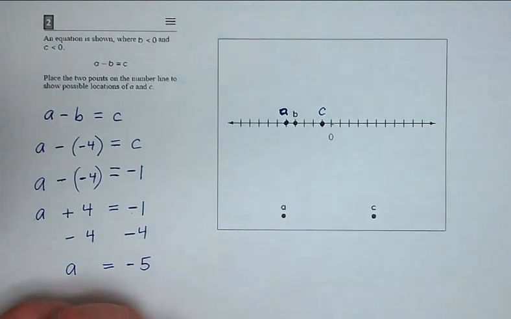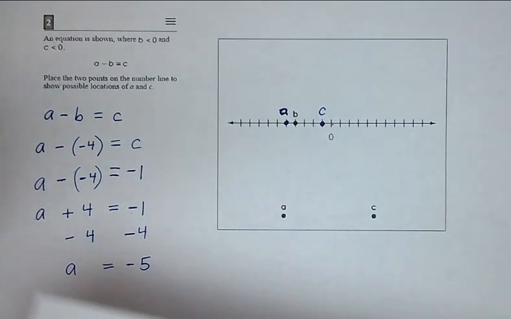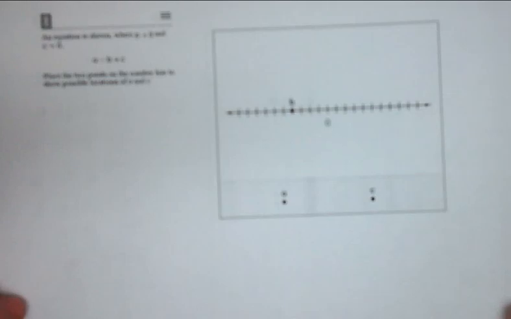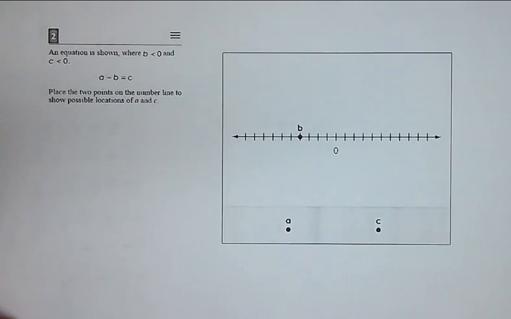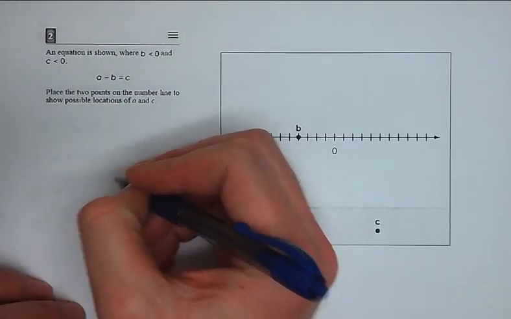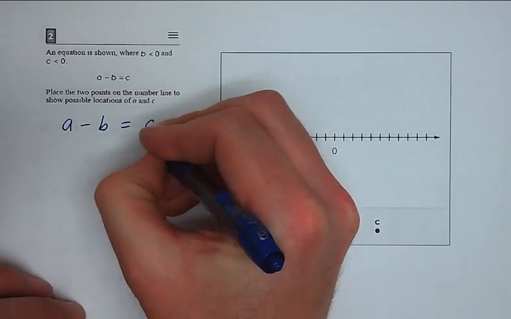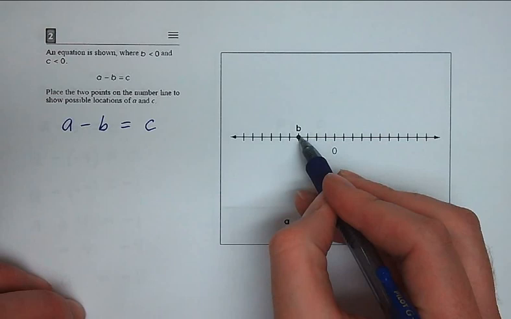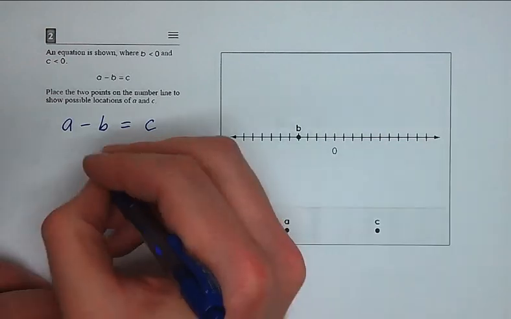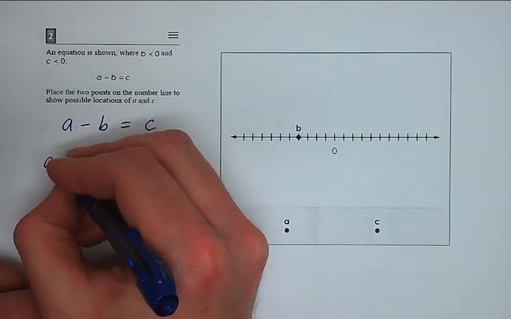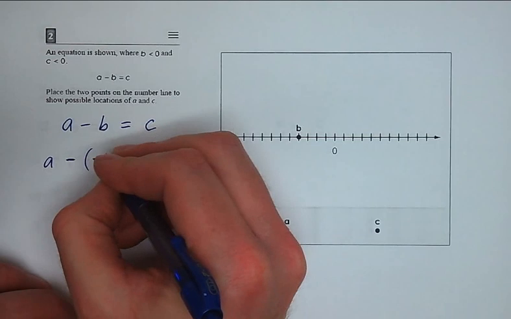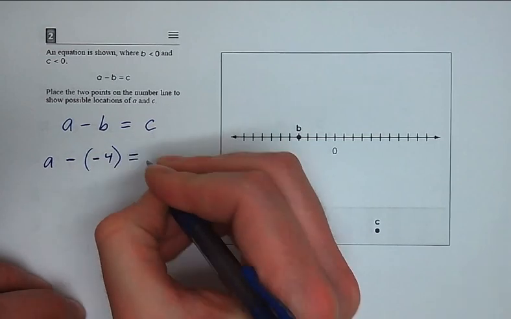But what if we want to do it a different way, right? Maybe we want to do this problem with completely different numbers. We'll still have a minus b equals c, and we still know that b equals -4. A minus, we said b was a -4, and that should equal whatever c is.